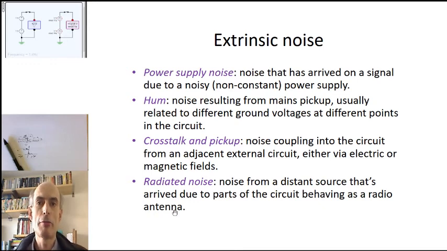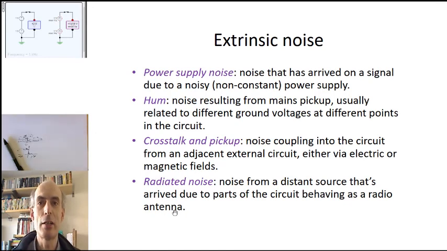Or it can come in via the magnetic field, and as Faraday showed, any varying magnetic field will generate an electromotive force in any closed circuit. The magnetic fields could be part of an electromagnetic wave arising from a distant radio transmitter, or from the magnetic fields associated with an inductor or a transformer in an adjacent circuit. All of these produce routes for noise to enter a circuit.